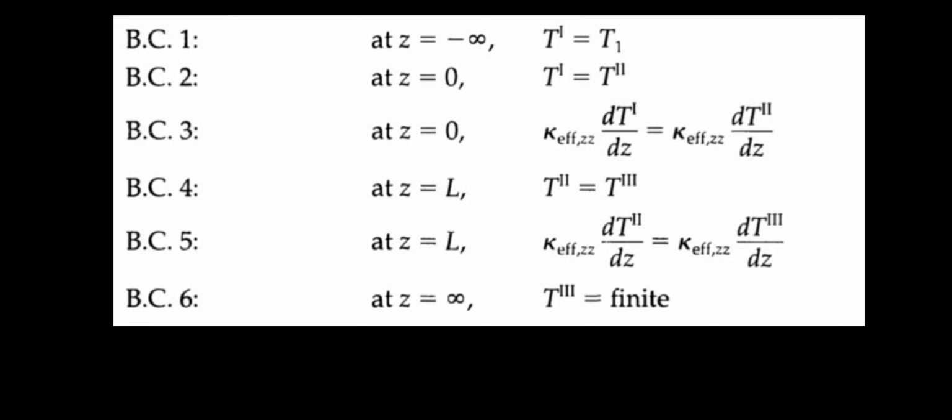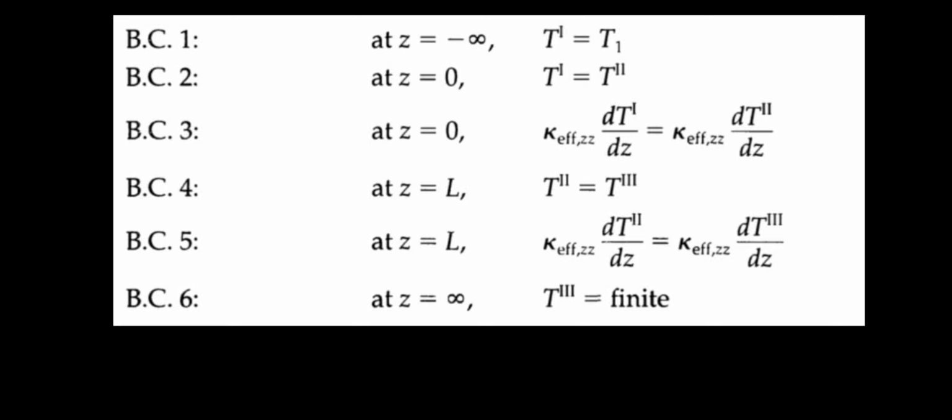Now continuity of heat flux, and the equation is as follows. Again, this ensures energy conservation at the interface between the catalytic and inert packing of the exit zone. K effective in the third zone represents the effective thermal conductivity in zone 3, which might be different from K effective 1 and K effective 2 depending on the packing and flow conditions in this final zone.